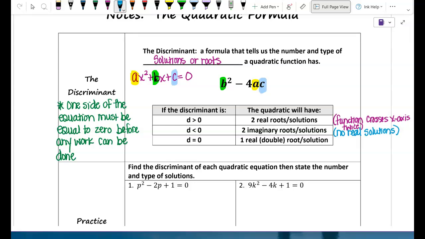Which is telling me my function doesn't cross the x-axis. And if my discriminant is equal to 0, that means I have one real or double root solution. And this is telling me my vertex is on the x-axis.